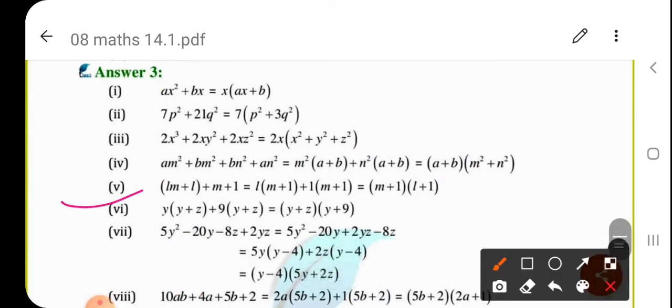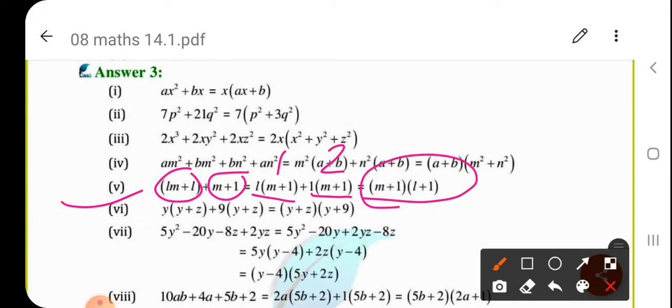Here in the fifth example, the pairs are already given. This is the first pair, this is the second one. In the first pair, L is common, so write it outside of the bracket. Now in the first and second group or pair, whatever you can say, m plus 1 is common from both, so you have to write it outside, so it remains L plus 1.